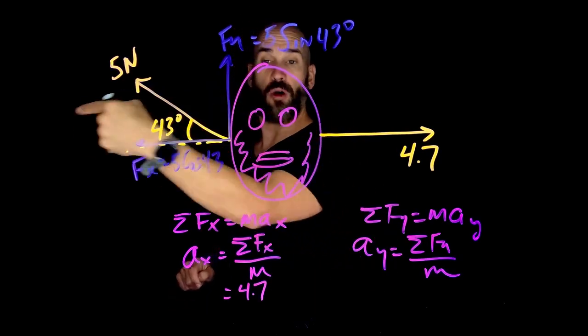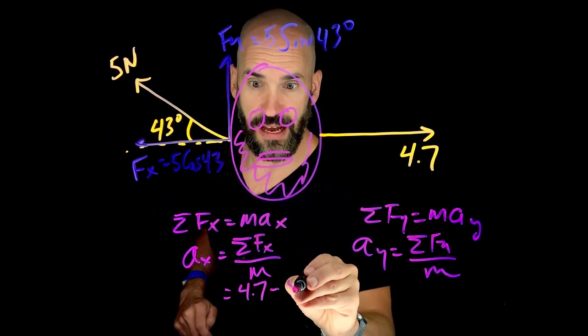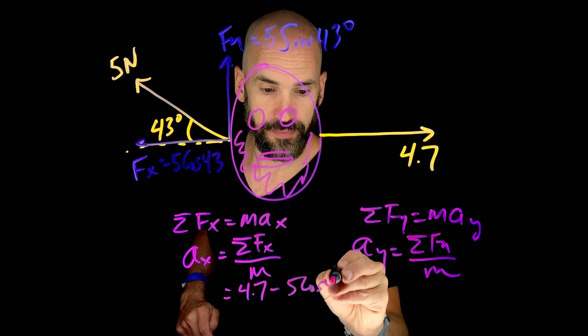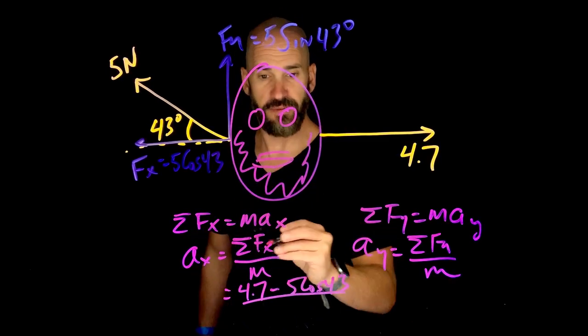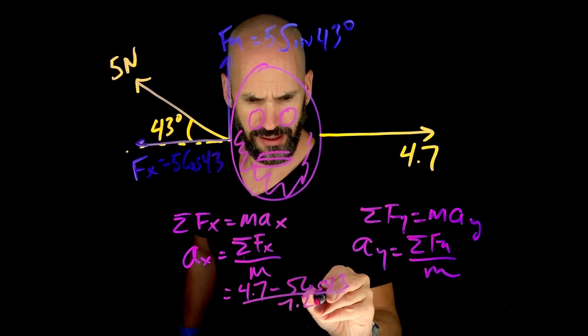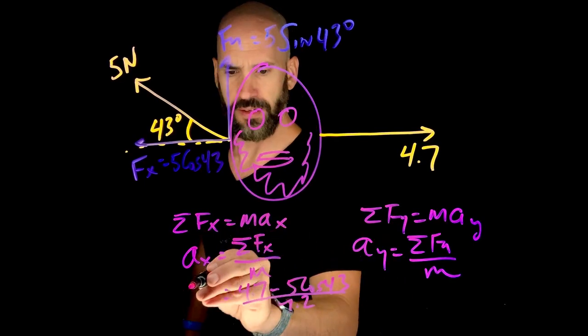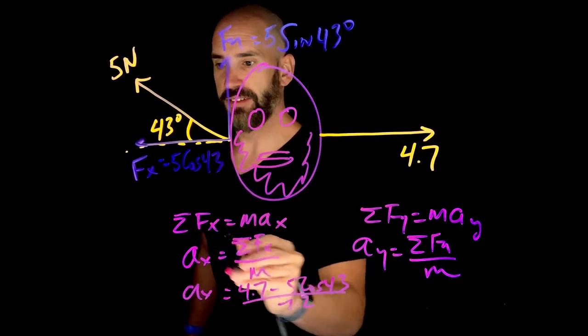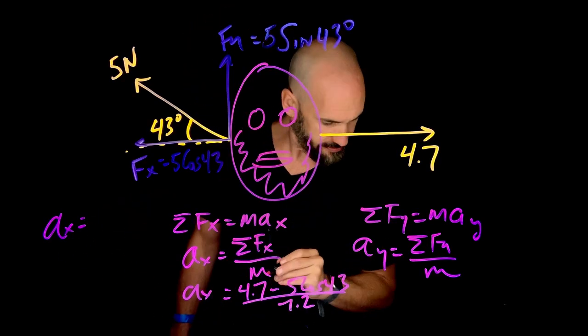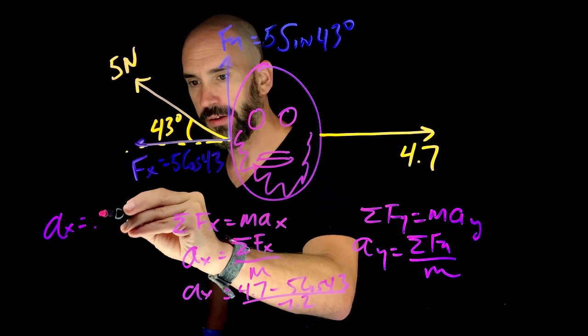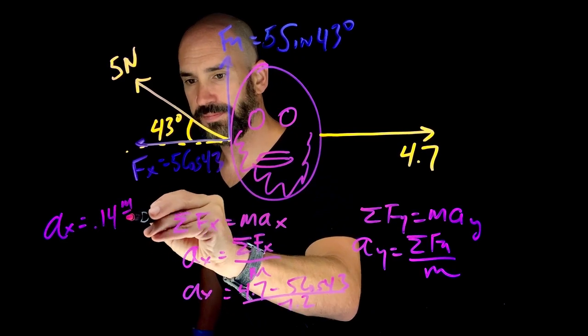Then I have 5 cosine of 43 the other way, so minus 5 cosine of 43. All over the mass of my head, 7.2 kilograms. I weighed it before this lecture. This gives me an a_x component of 0.14 meters per second squared.